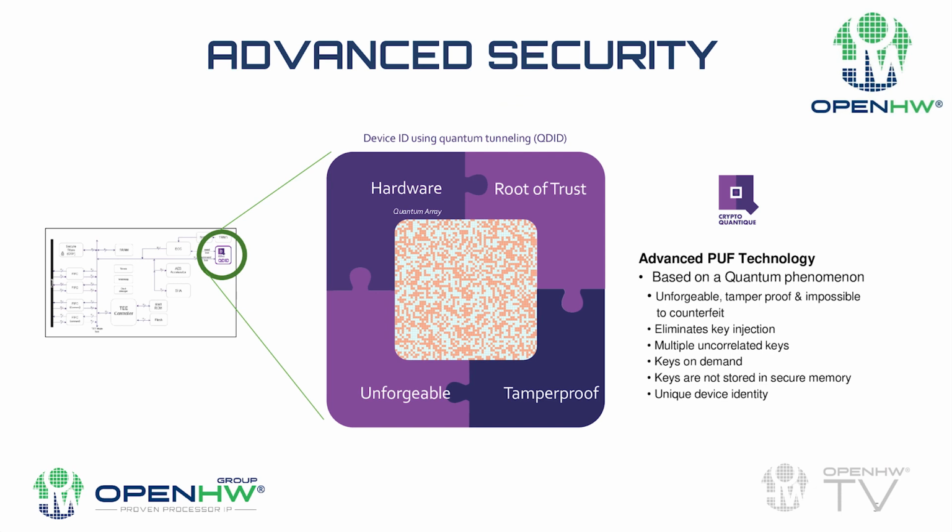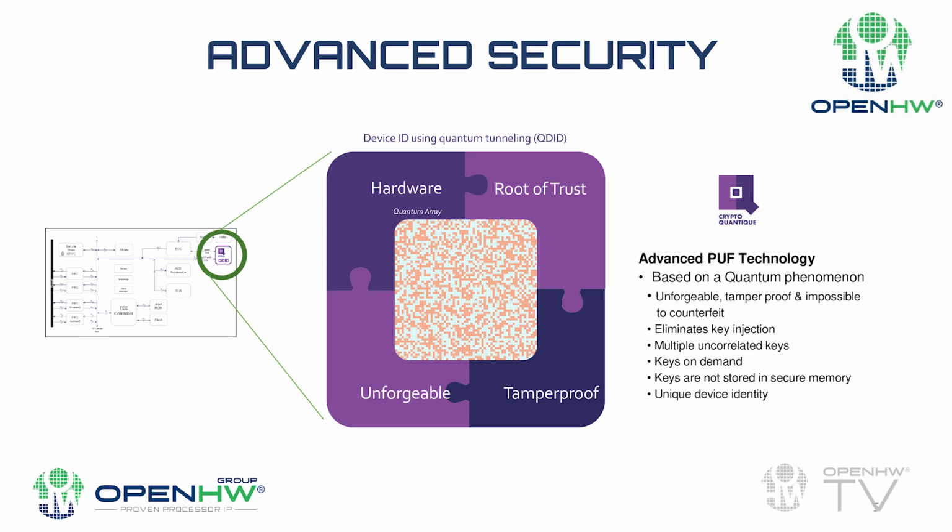So over here in the top corner, you saw the QDID. This is our quantum-driven identity IP block. So this is typically what we use to represent it. This pattern, this pixel photo you can see here, represents our quantum array. So this is an IP block that's integrated into the device, and it extracts an identity from the actual die itself, the actual silicon structure of the die.